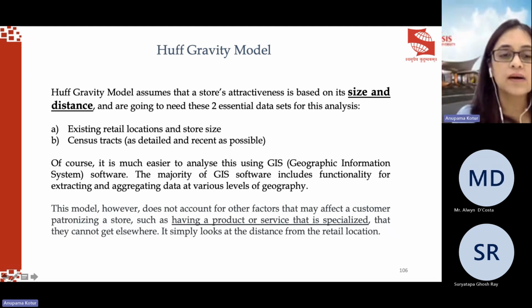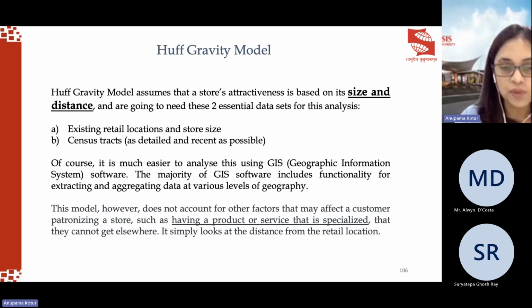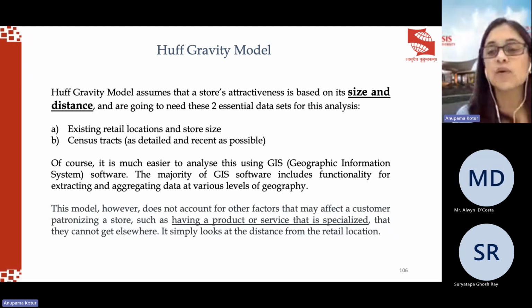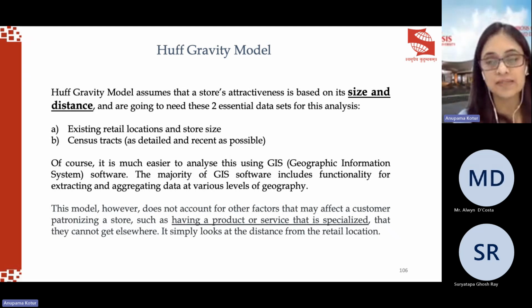Okay. Now, these are the two most important pieces of information that you would require. And then what you would also require is the importance, or rather the numerical equivalent of the importance, of the product that you are selling.